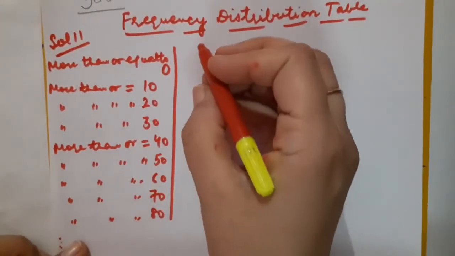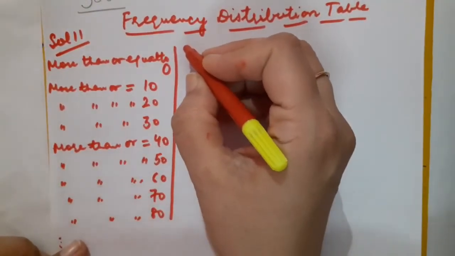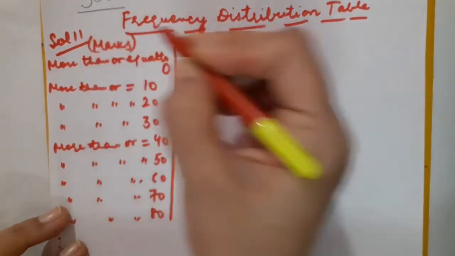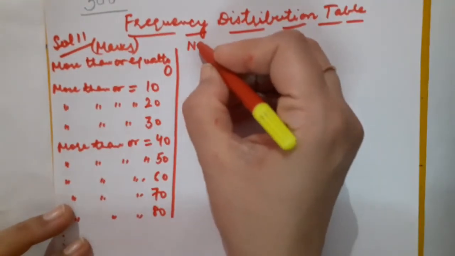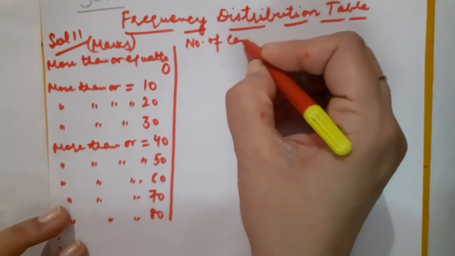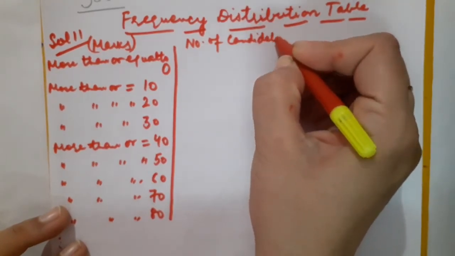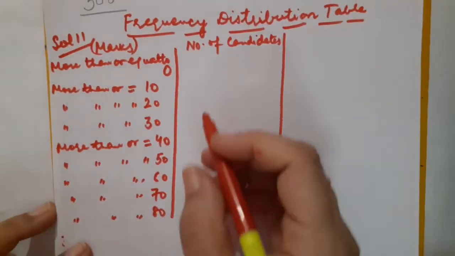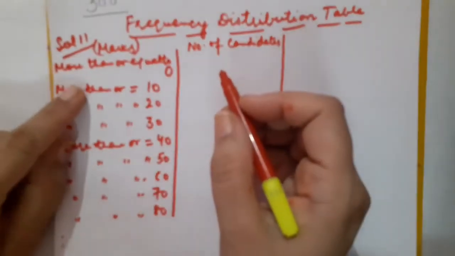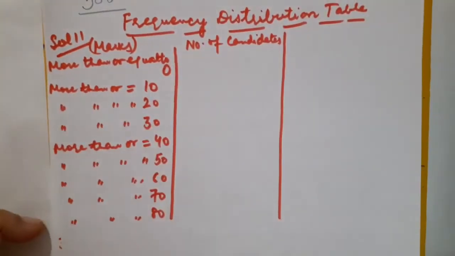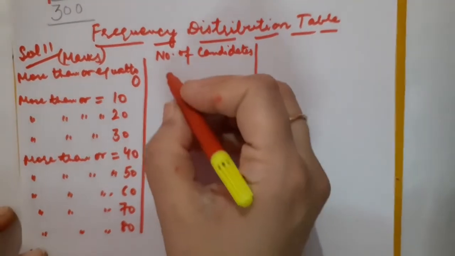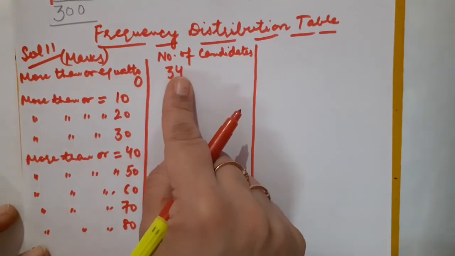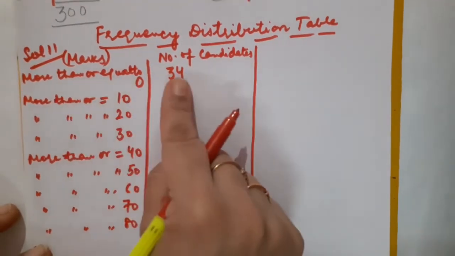So now the number of candidates is given to us. These are basically the marks out of 90. Okay. So the number of candidates whose marks are more than or equal to 0: there are a total of 34 candidates whose marks are either equal to 0 or more than 0.